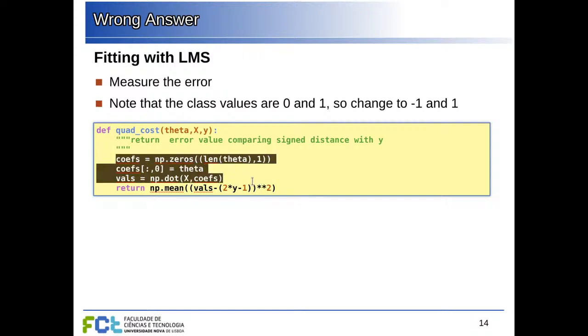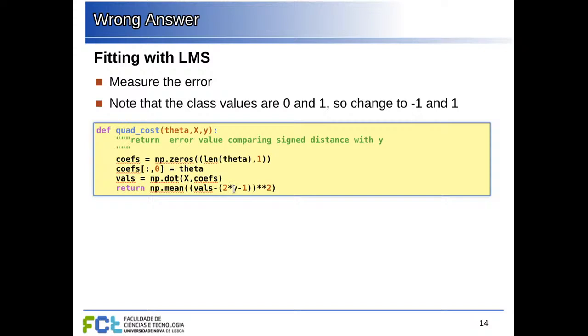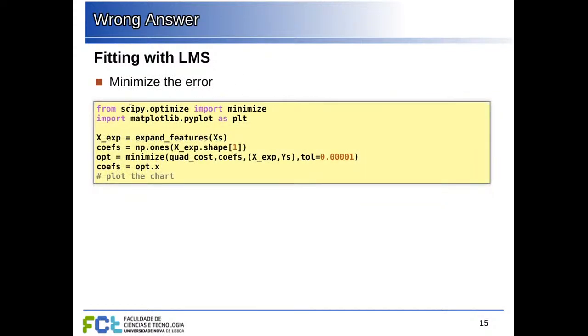So this is basically our approach. We compute all the predictions, we compare the predictions to -1 and 1, which are the class labels, and now we minimize this. If you want to minimize a function with Python, it's easy using the optimize module in SciPy. So you have this minimize function, and you just give an initial guess here. In this case, I'm going to start with a guess having all parameters starting at 1.